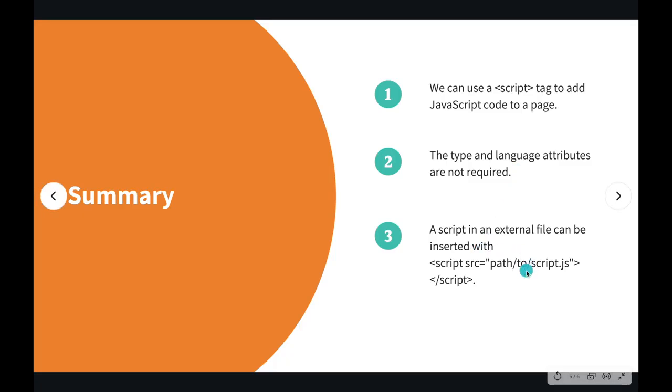Also we learned that a script can be an external file, which can be inserted using this kind of syntax: writing the script tag, and inside the opening tag using the src attribute, and then inside the double quotes we specify the path, which may be a relative path or an absolute path, depending on whether the JavaScript file is present inside our project folder or somewhere else on the server.